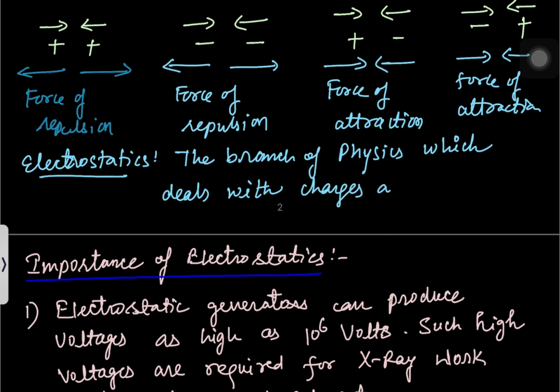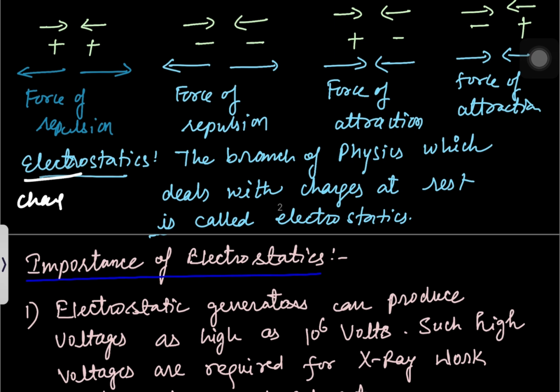With charges at rest, जहाँ पर charges rest में हैं, उस branch की study करने को हम क्या बोलेंगे? Electrostatics. जैसा कि मैंने अभी ऊपर बताया है कि electro refers to charge and statics refer to rest. So charge at rest refers to electrostatics.